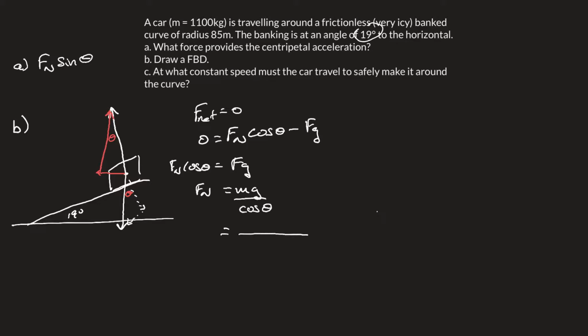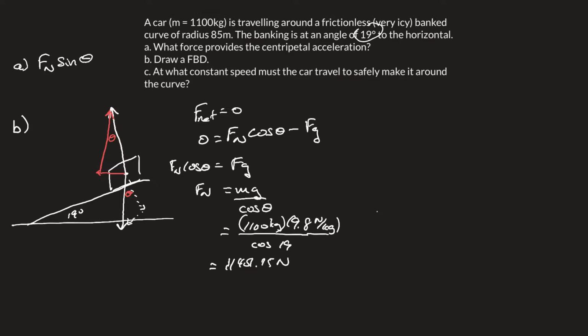So we can now start to plug in some information: 1100 kilograms, 9.8 newtons per kilogram, divided by cos 19. This is going to give us a normal force of 11,401.15 newtons, and we'll leave that number there unrounded because we're going to have to make use of this for the second part.